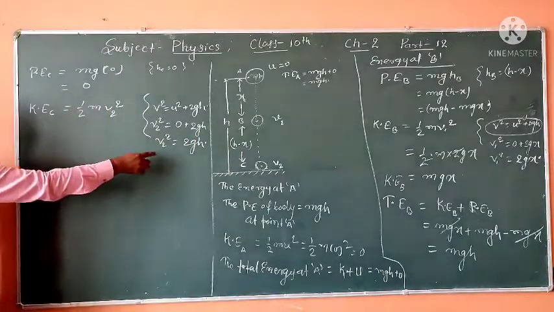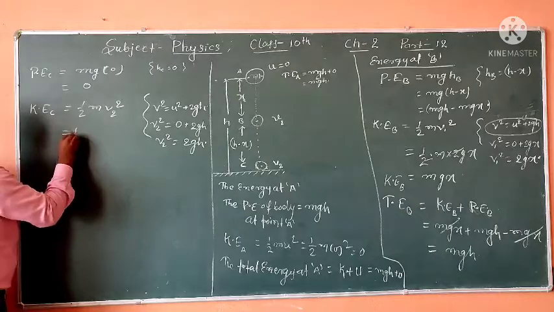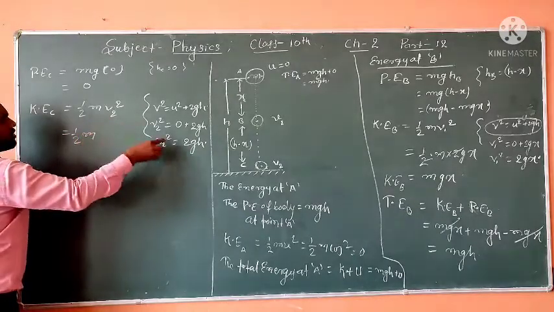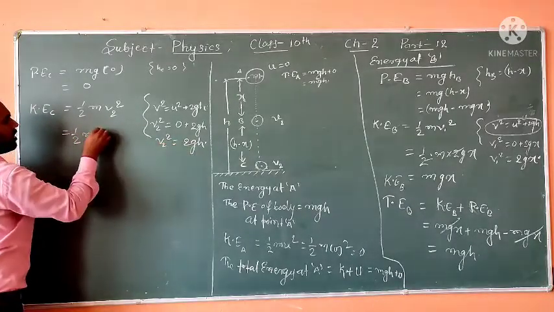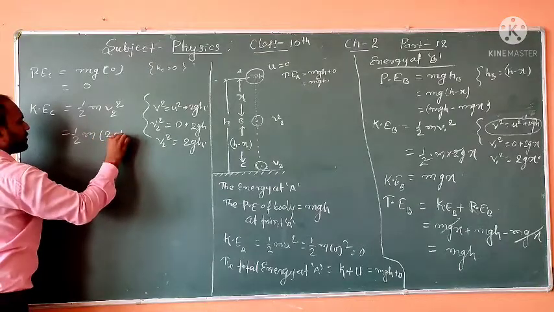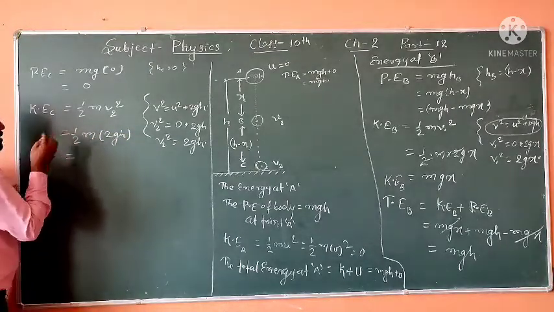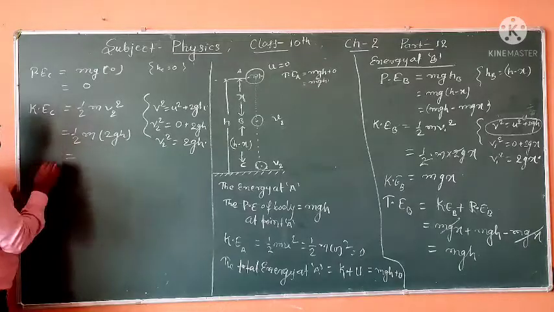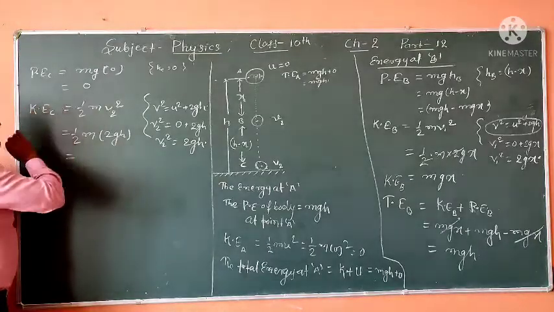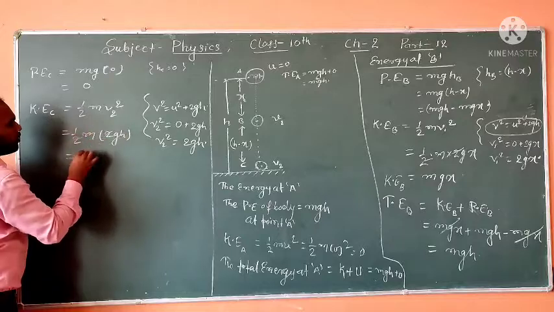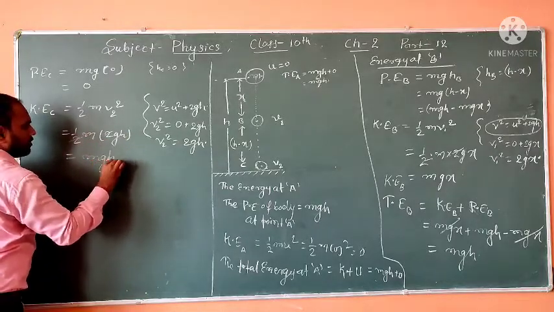By putting the value of v2 square as 2gh in half m v2 square, there is only one energy present at C, that is kinetic energy, and that is equal to mgh.